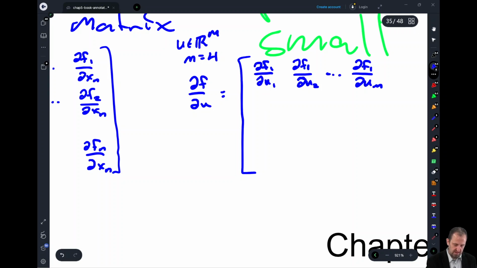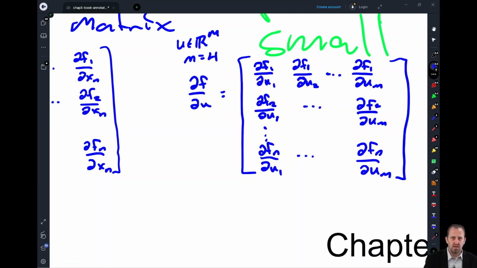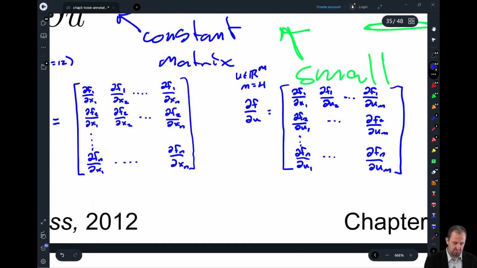And this one will go down, we'll say df2 now, du1, all the way up to df2 with respect to um. So our final control, all the way down to dfn. Now there are n functions, so there'll be n rows, and there's going to be m control inputs, so there'll be m, as in Mary, columns. So that's what df dx is and df du.